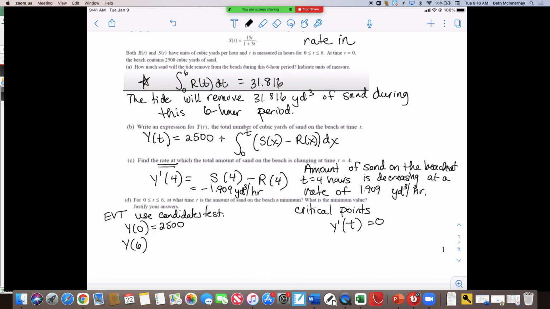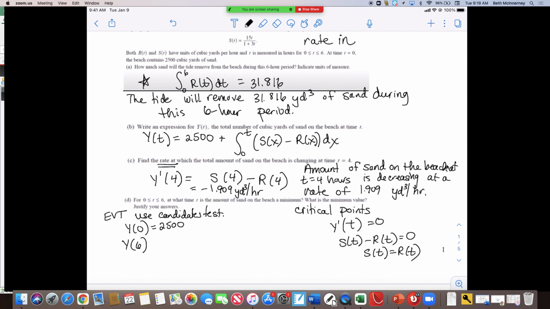Well, y prime would be S of t minus R of t. And so this would occur where S of t equals R of t.